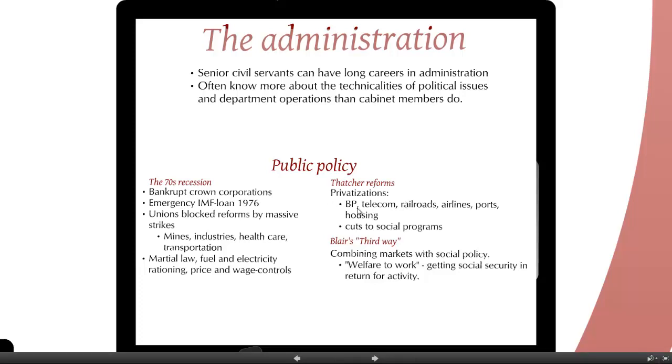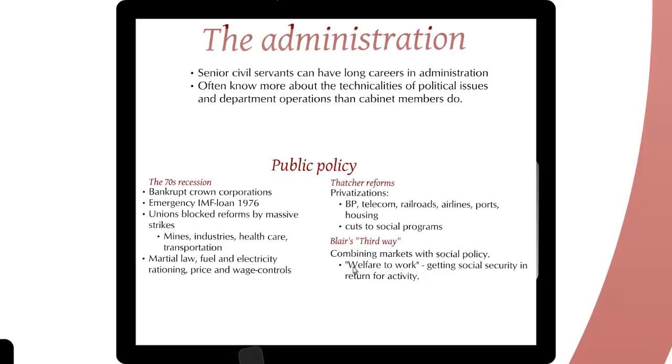Extensive privatizations of a whole series of crown corporations, cuts to social programs, and these were so encompassing that later, when Blair came into office, because of course the Conservatives stayed in power for such a long time after Thatcher took office, Labour had to do something quite radical to reconstitute themselves and gain electoral success again.